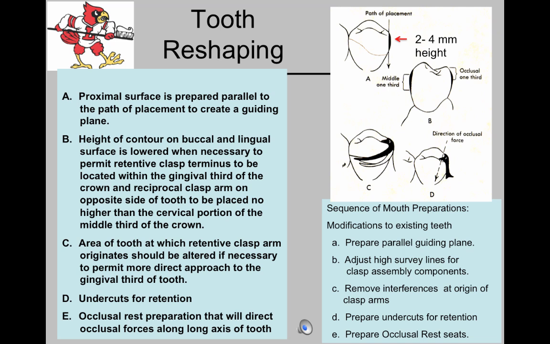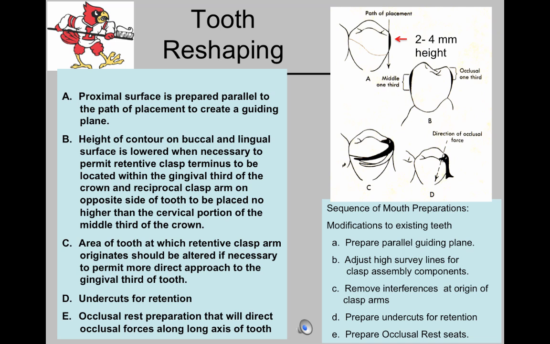There's an order in which rest preparation is done, and they are listed above. First, the proximal surface is prepared parallel to the path of placement to create a guiding plane. Next, the height of contour on the buccal and lingual surface is lowered when necessary to permit the retentive clasp terminus to be located within the gingival third of the crown, and the reciprocal clasp arm on the opposite side of the tooth to be placed no higher than the cervical portion of the middle third of the crown.